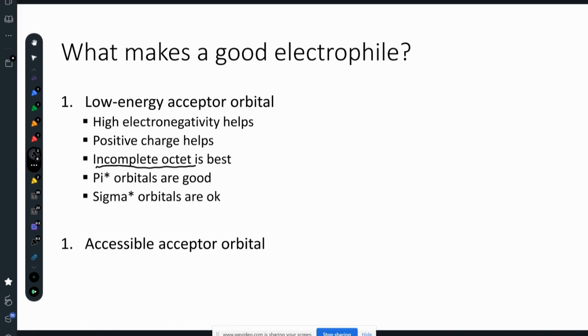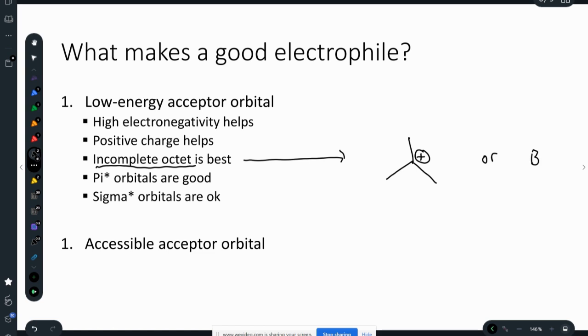So for an incomplete octet, it's something that doesn't have 8 valence electrons. So that would be, for example, molecules with carbon with a positive charge, right? Because that carbon only has 6 electrons around it, or boron with a neutral charge that only has 6 electrons around it. Those are able to accept electrons and make a new bond, and you don't even have to break an old bond to make space for them. So those are like the best.